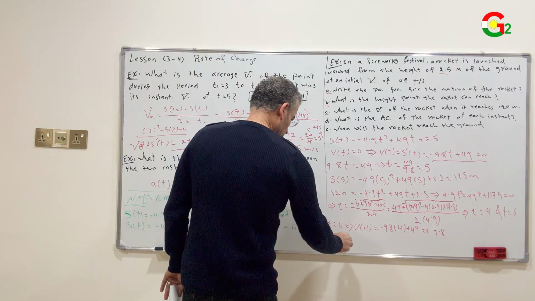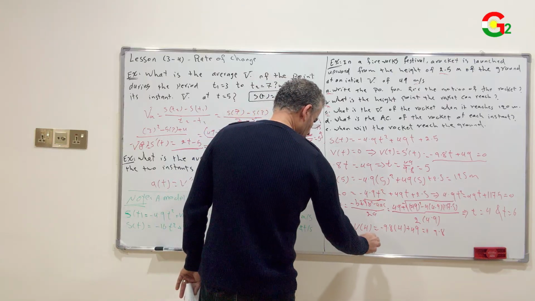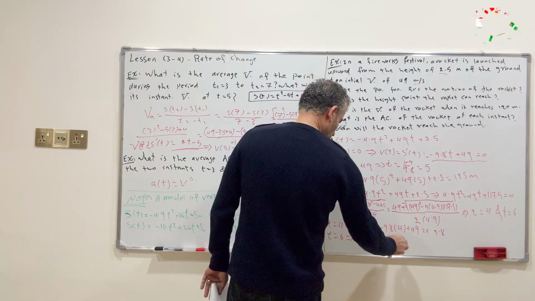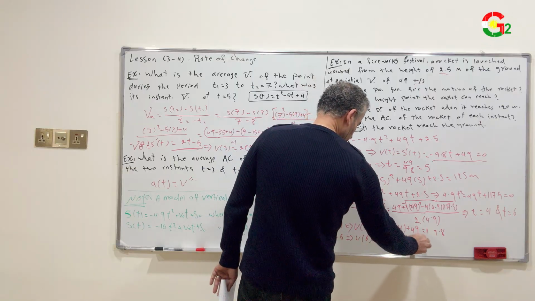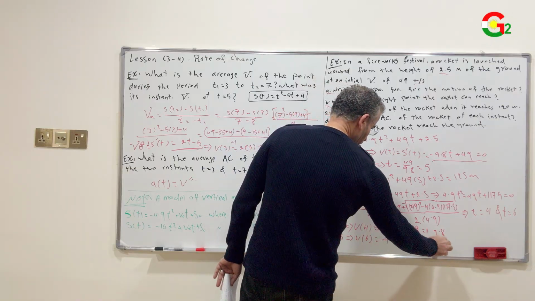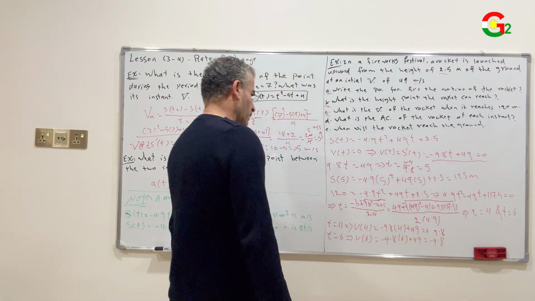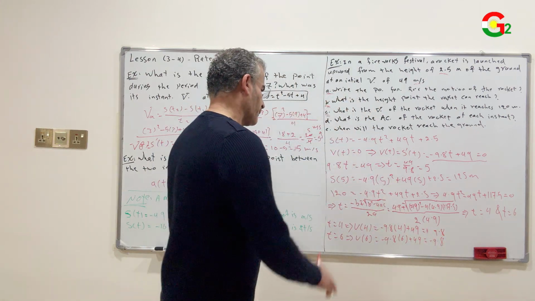When t equals 6, then v of 6 equals negative 9.8 times 6 plus 49, equals negative 9.8.